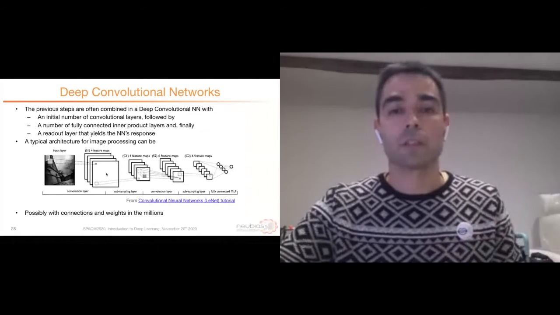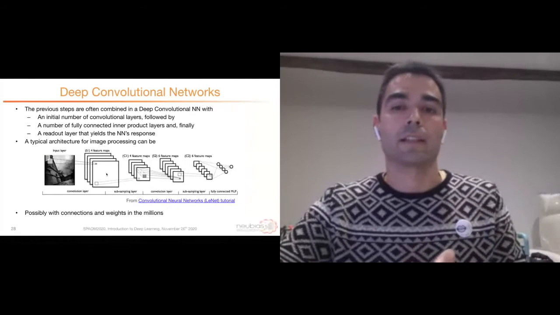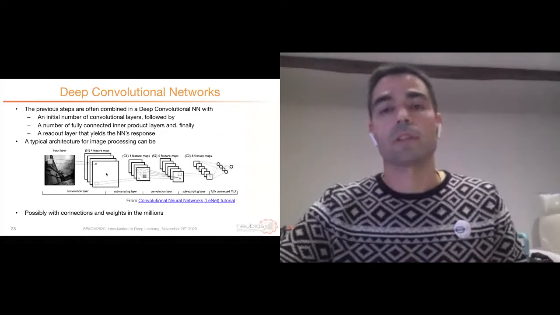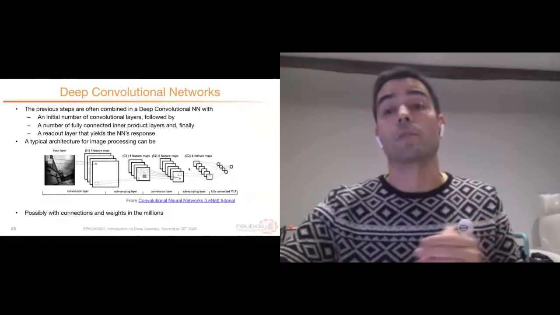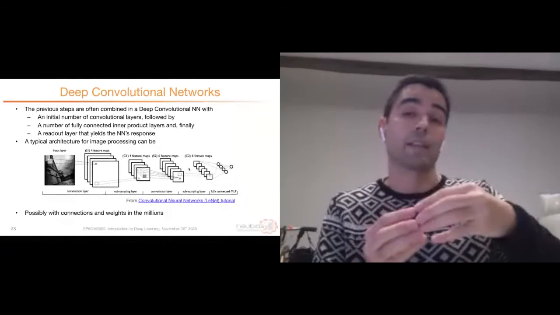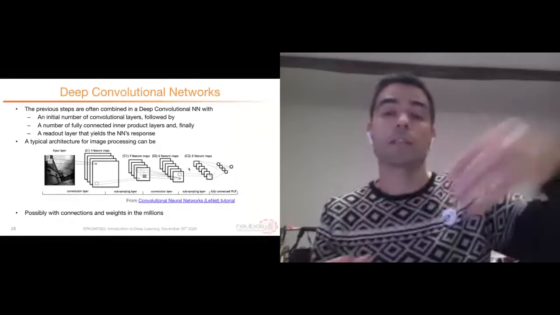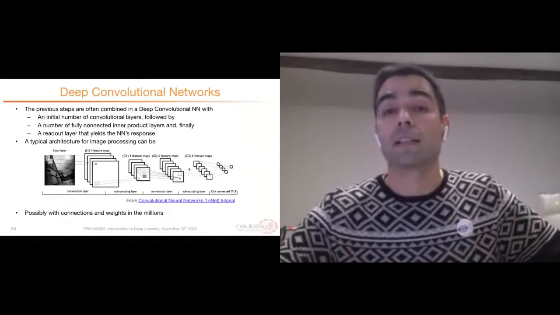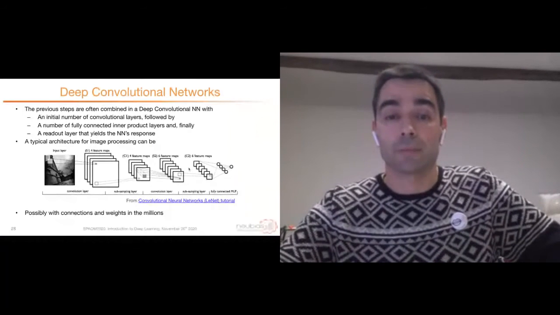Then we subsample. Then we have again convolution, so we get features at a different scale, subsample, convolutions, etc., until we get to a point where usually we get the information of the image really condensed, usually in a single vector, and there we can just plug in a regular multi-layer perceptron.